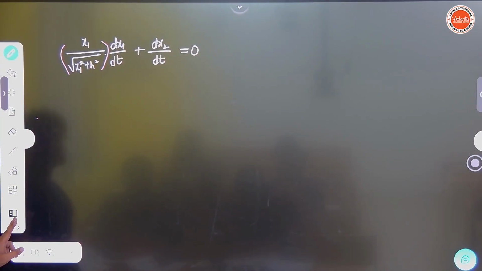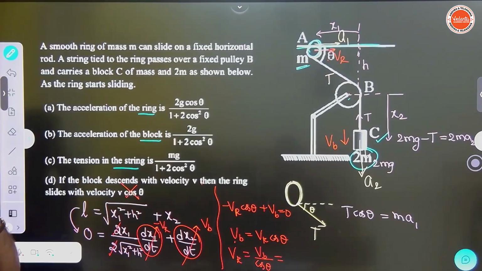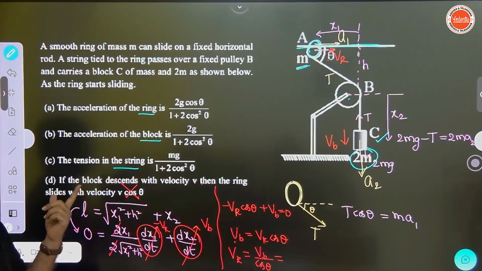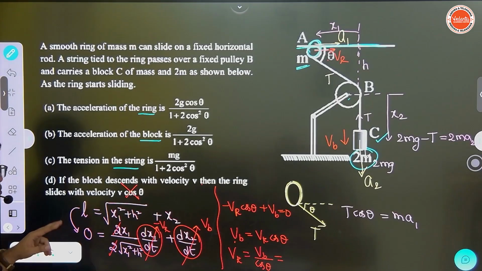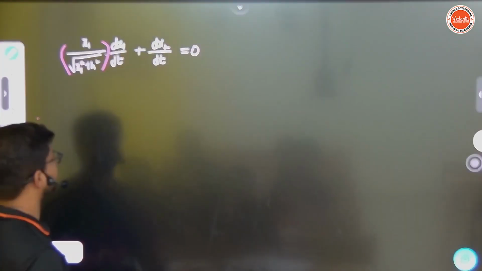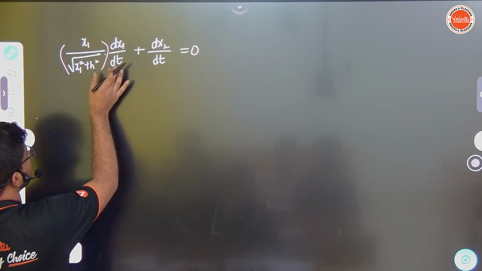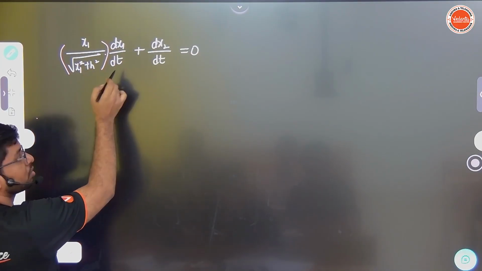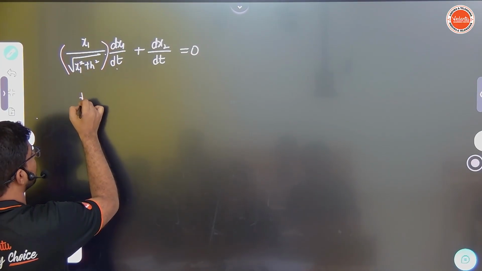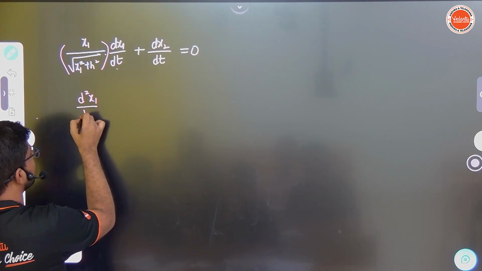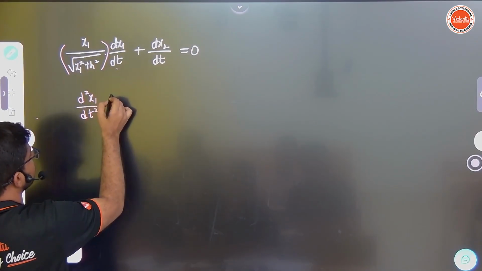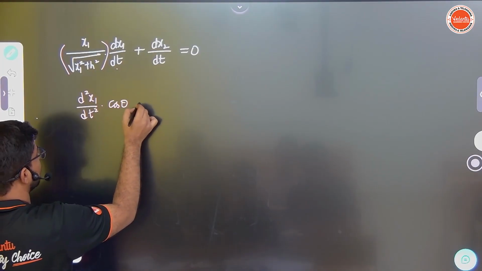Theta is changing here, right? You should differentiate that also. Clear? Theta is changing over here. Now look over here. First, let us differentiate this, like take the UV formula. So first, let us differentiate this one. So you'll get d square x1 divided by dt square into cos theta.